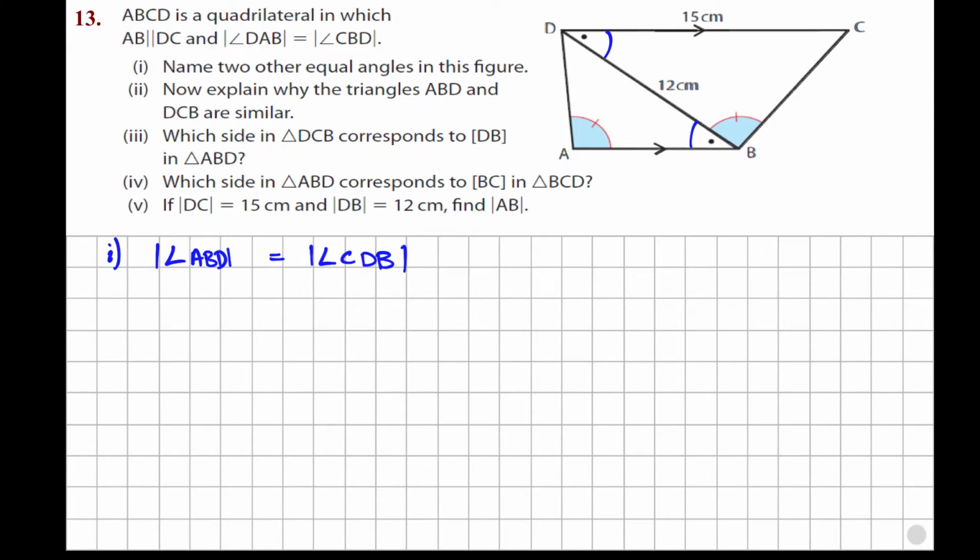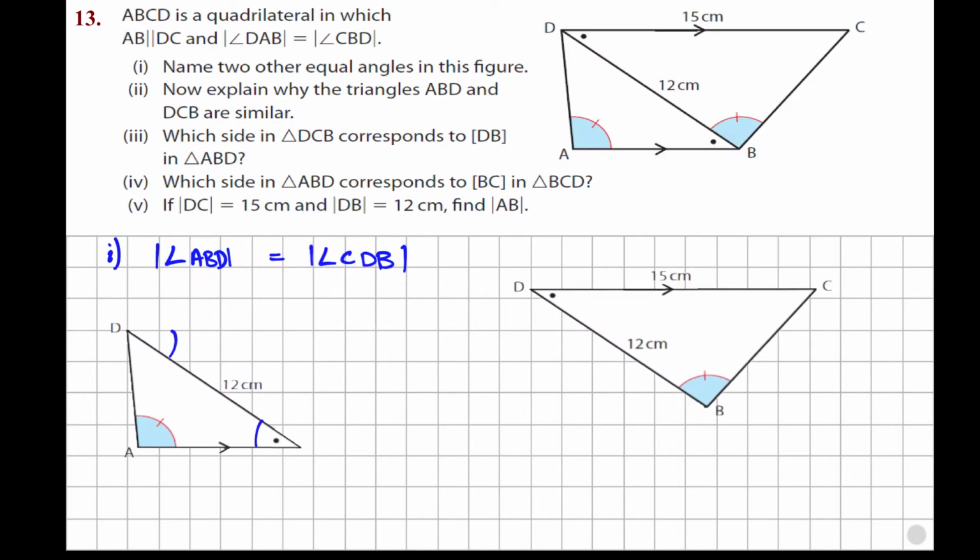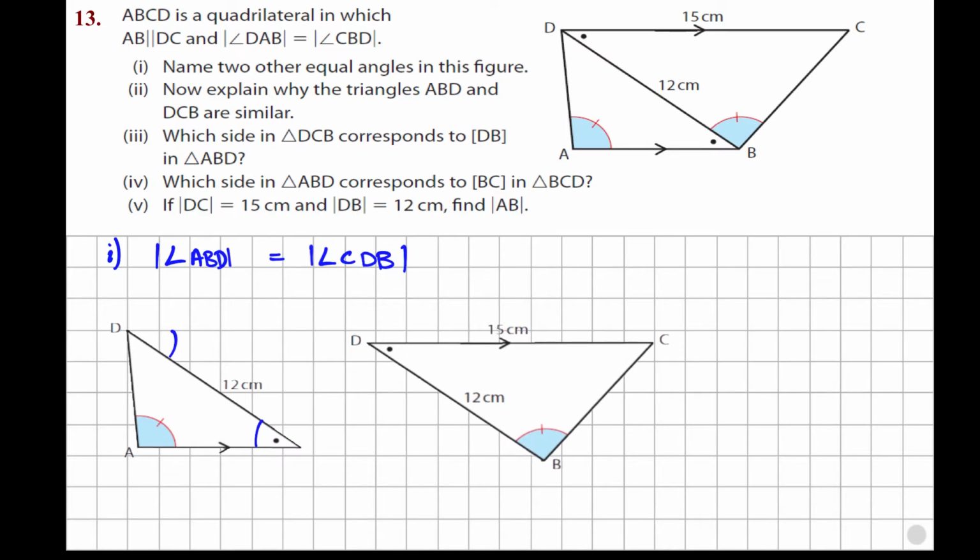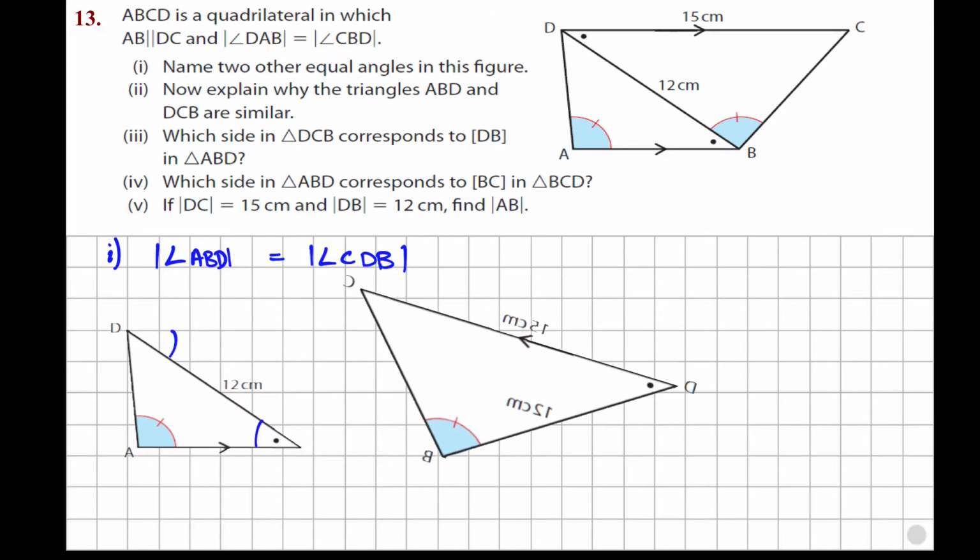Let's just look at that and see what way that is. If we take the first triangle, we bring that down. And we'll take the second triangle and we'll bring that down. You should be able to see that these are similar enough. What I'm going to have to do is flip this and bring it down.